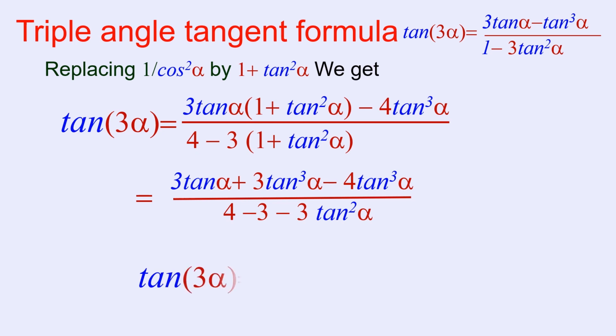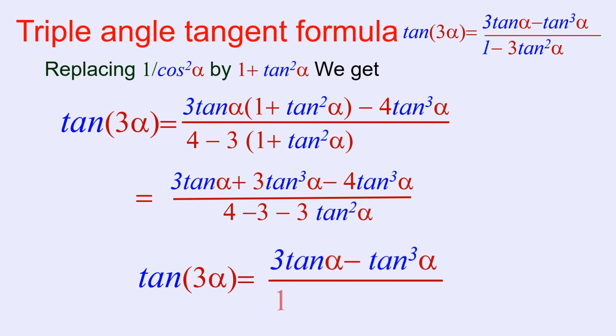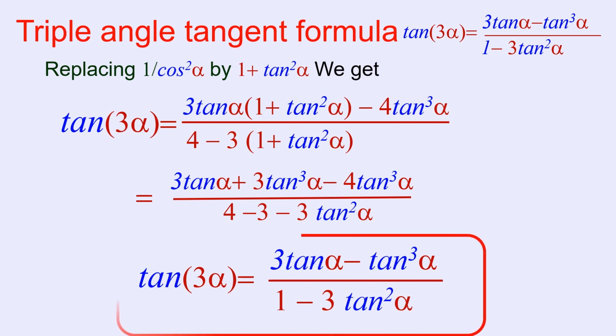We get the required formula, that is, the tangent of 3 alpha equals 3 times the tangent alpha minus the tangent cubed alpha, whole divided by 1 minus 3 times tangent squared alpha.